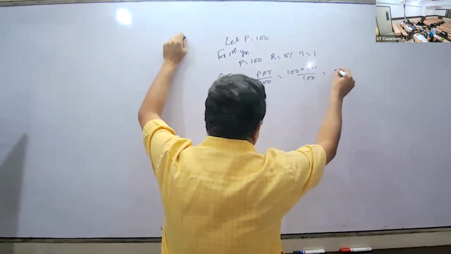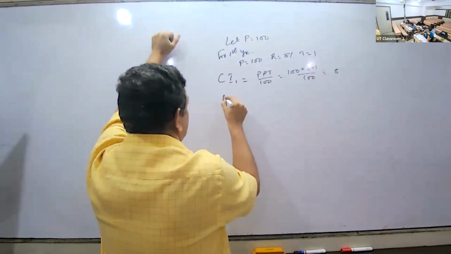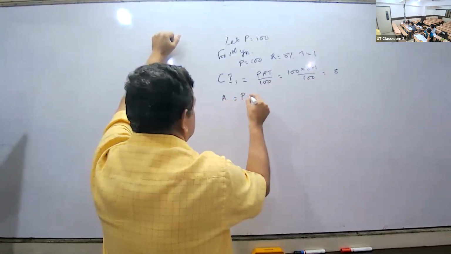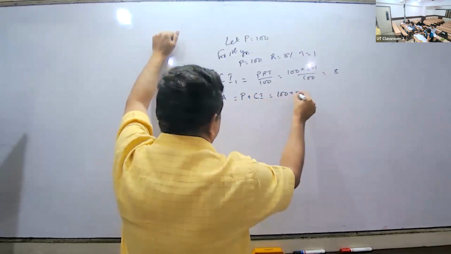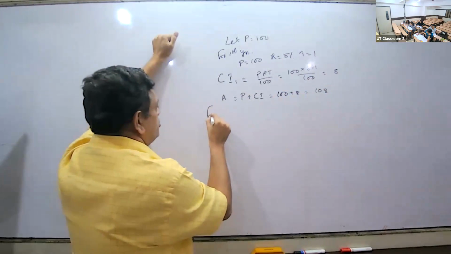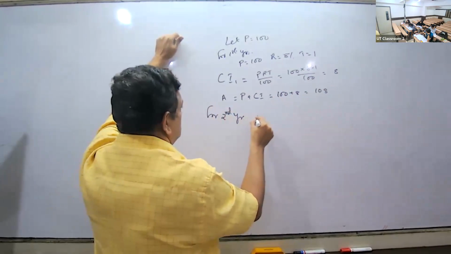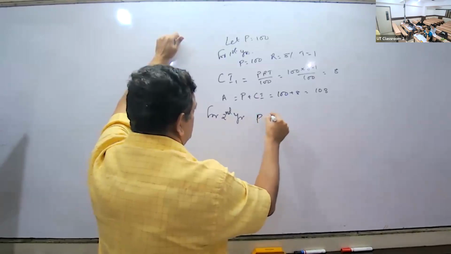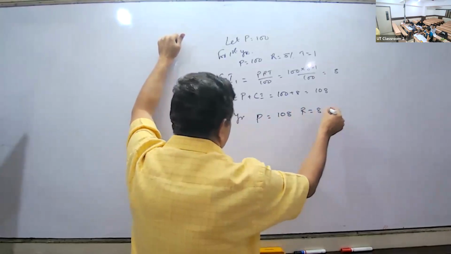Answer is 8. Therefore, amount is equal to P plus CI, that is 100 plus 8, 108 rupees. So for the second year, if you are not following, tell me. P principal is equal to 108, R is same 8%.